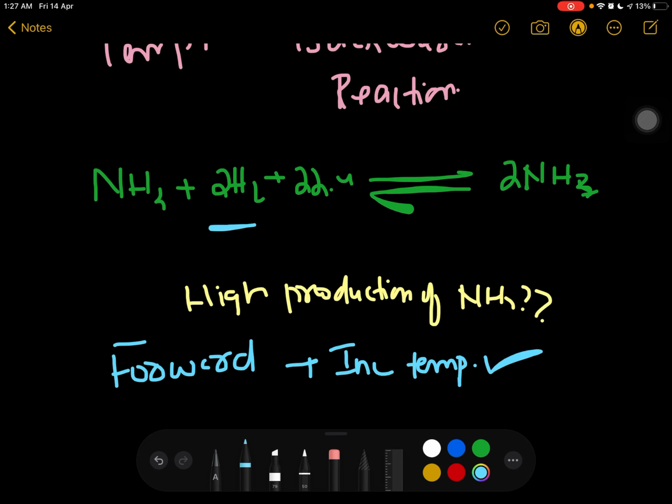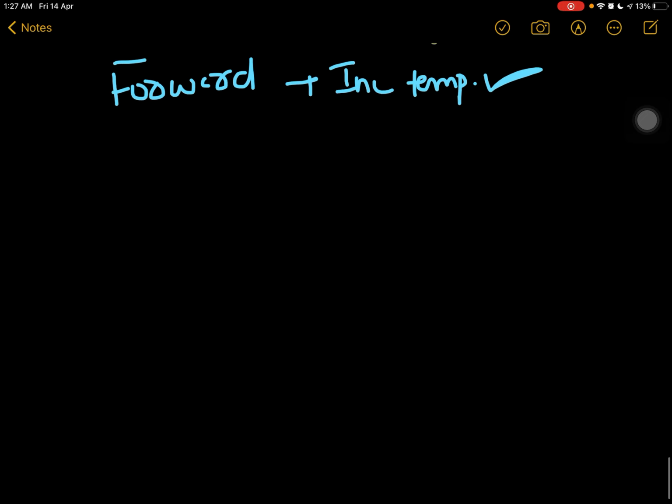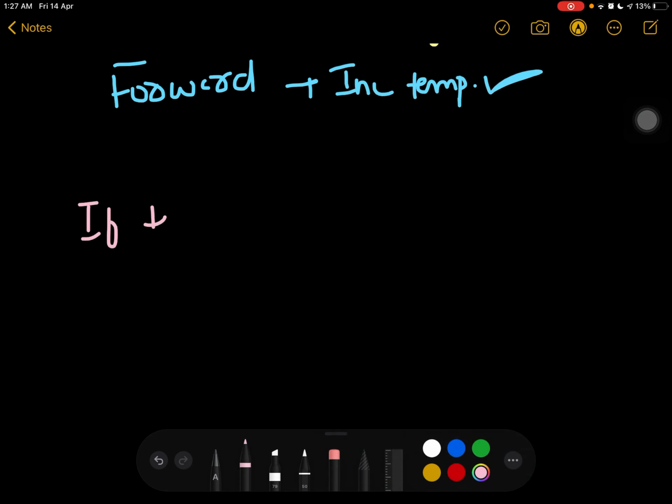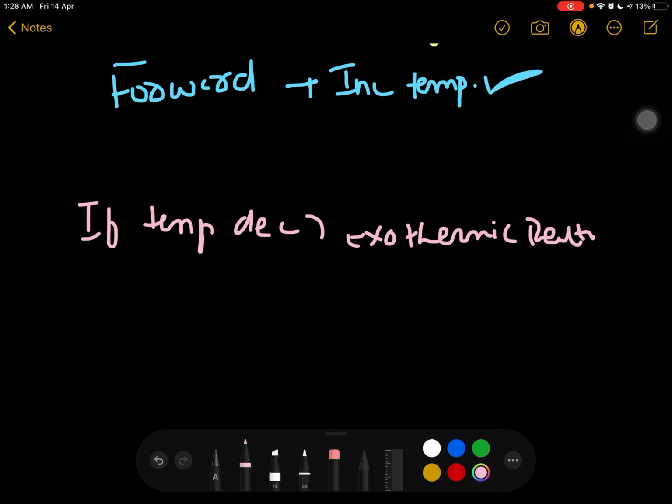What if I decrease the temperature? Then the reaction will be directed to the exothermic side, where heat is released, so that the temperature can increase.